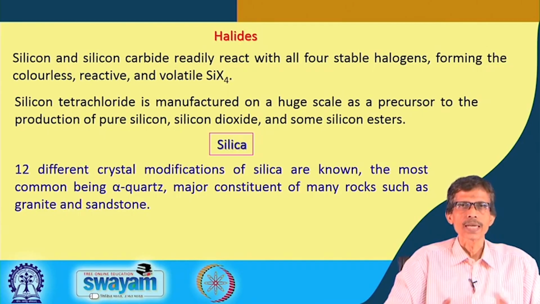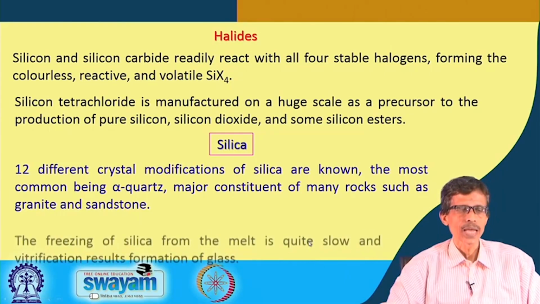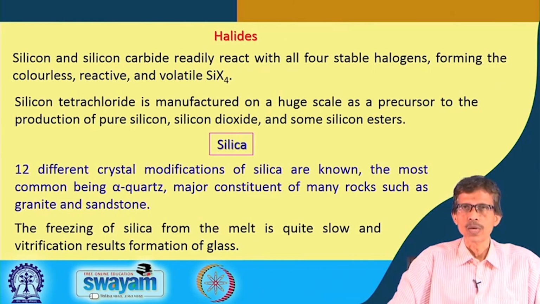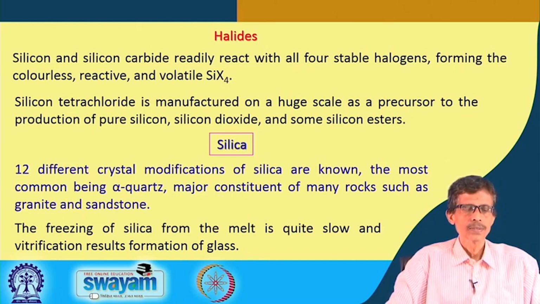So, sandstone and granite are varieties available as alpha quartz, a major constituent of many rocks up to sandstone. And for silica, SiO2, like silicon, we will see that the freezing of silica from the melt is quite slow, and vitrification results in the formation of glass material.